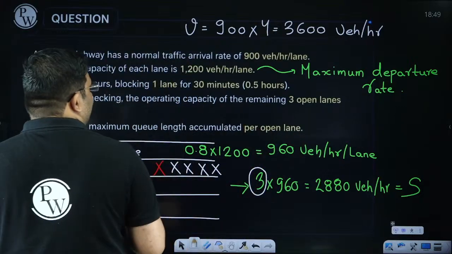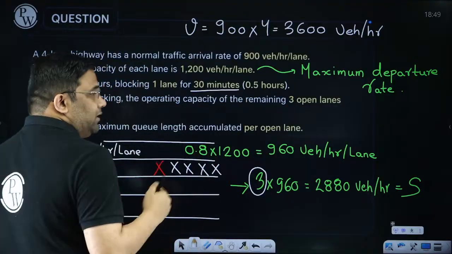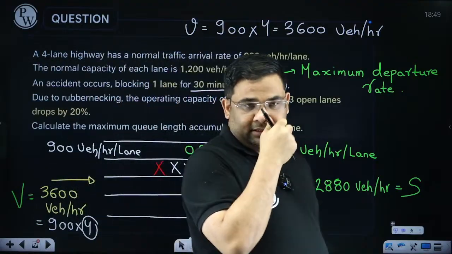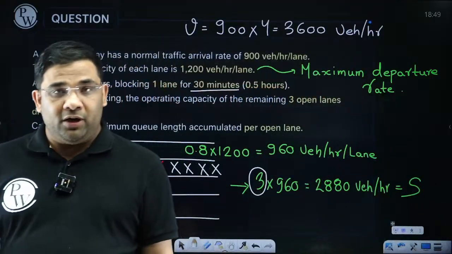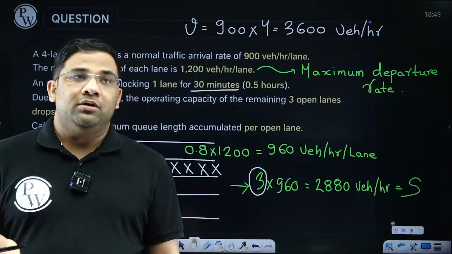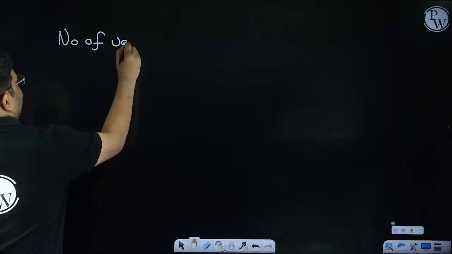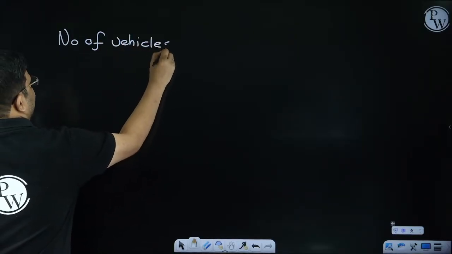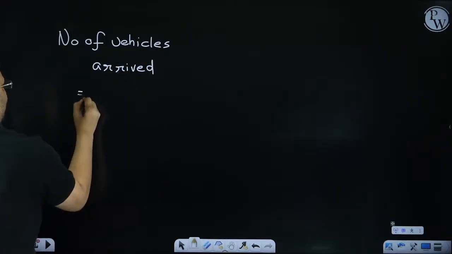Now they're asking for the maximum queue length accumulated per open lane. When finding the queue length, the blockage is happening for 30 minutes, which means 0.5 hours. What will be the number of vehicles arrived in that 30 minutes?